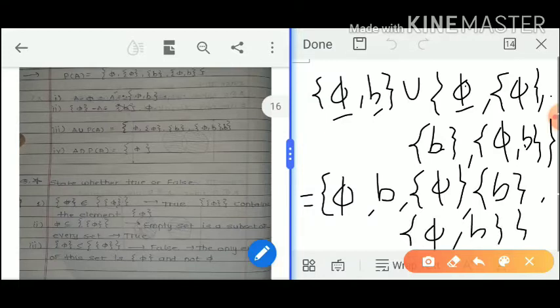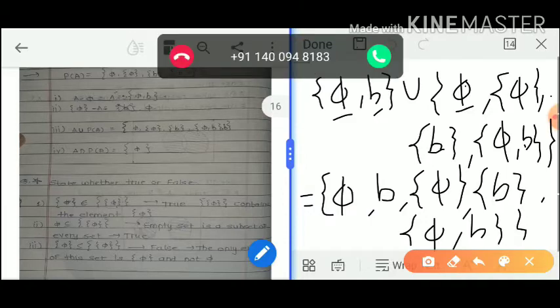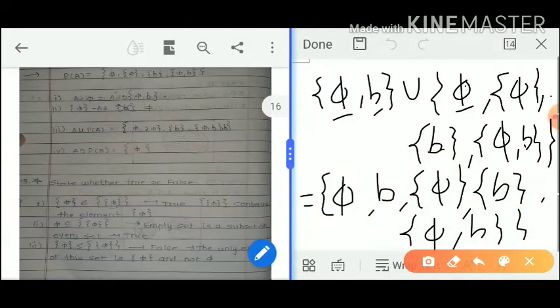So this is A union power set of A. Okay, so this is the answer, because this B and that {B} are different elements, so write them as they are.